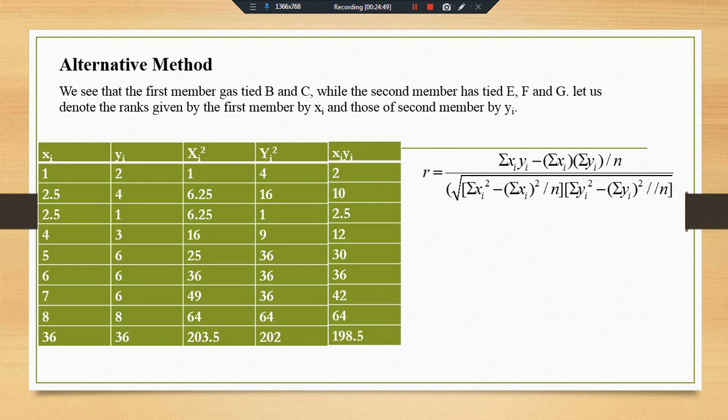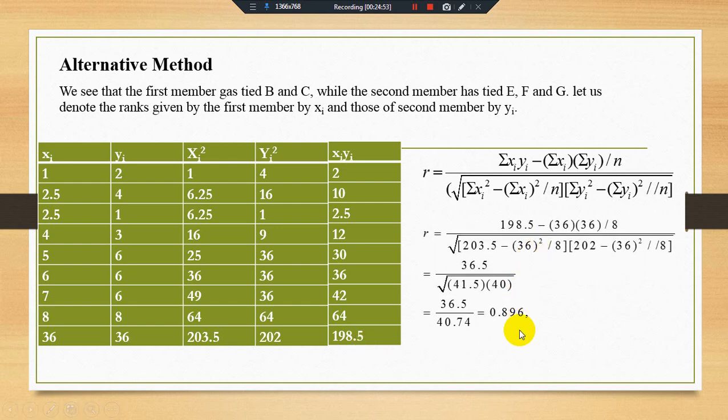Now we put these necessary summations into the correlation formula and we get 0.896. So with the same data, by using another method we have a higher correlation as compared to the previous method.